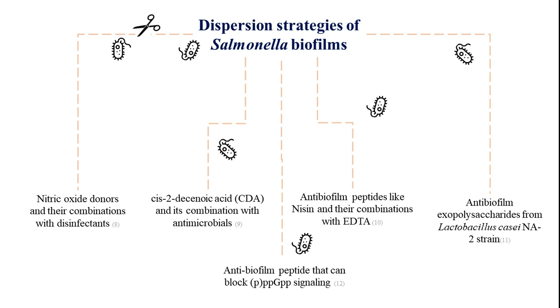Also, antibiofilm peptides such as nisin and their combinations with chelating agents such as EDTA were also effective in dispersing Salmonella biofilms. Finally, a novel study identified antibiofilm exopolysaccharides from Lactobacillus casei Ni2 strain that have the ability to induce the dispersal event in Salmonella biofilms.